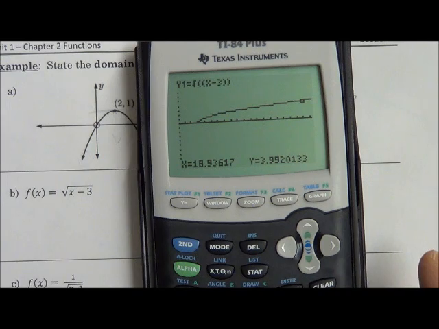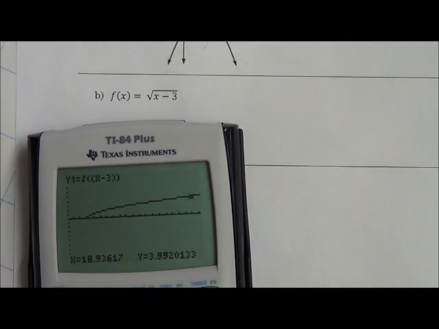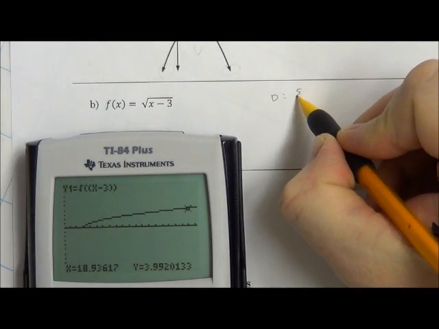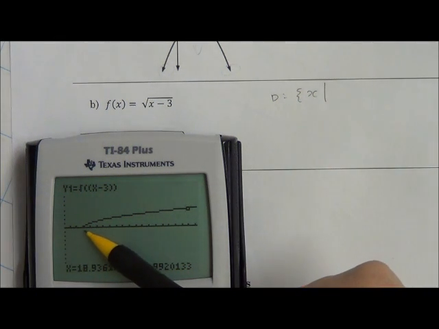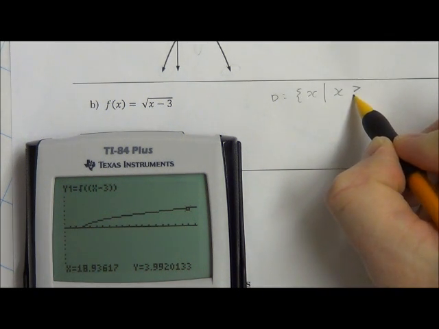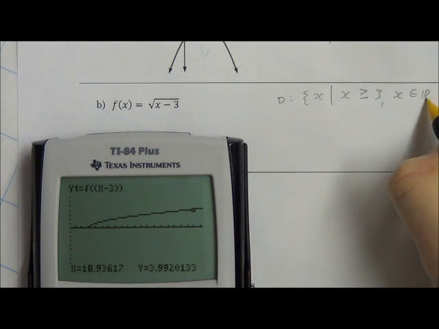Well, forever, actually. So for the domain now, the domain is the set of x values such that, in this case we know that x starts at 3, so x is greater than or equal to 3, and x is an element of all real numbers.